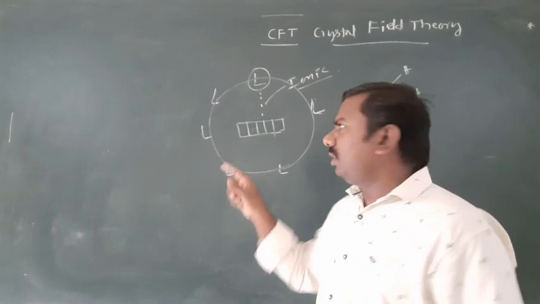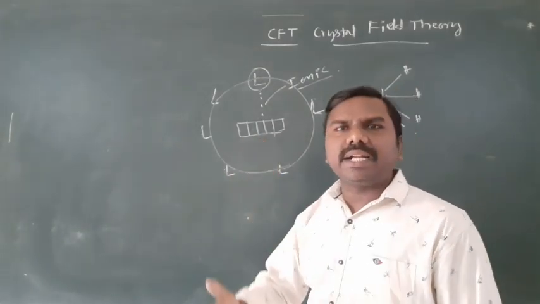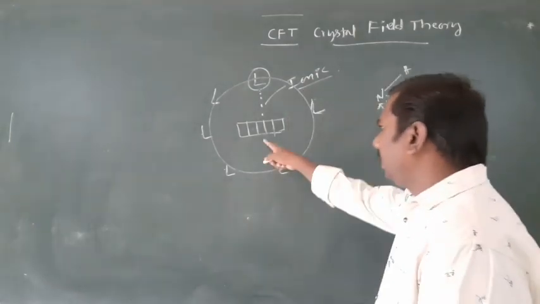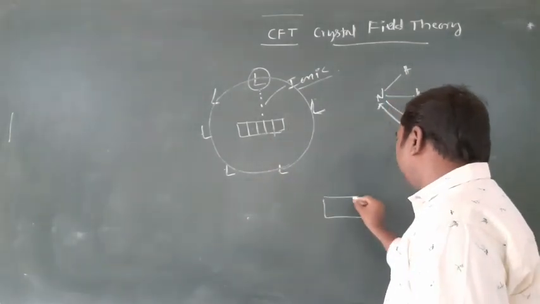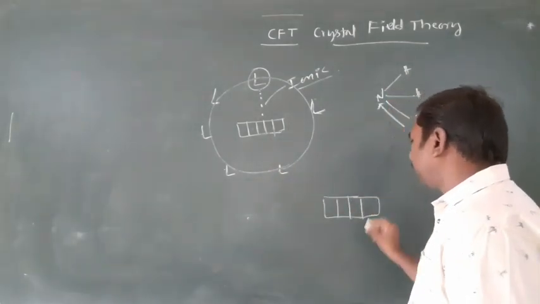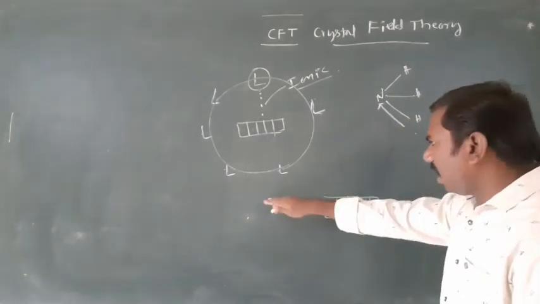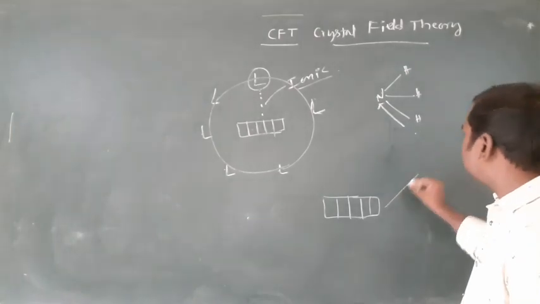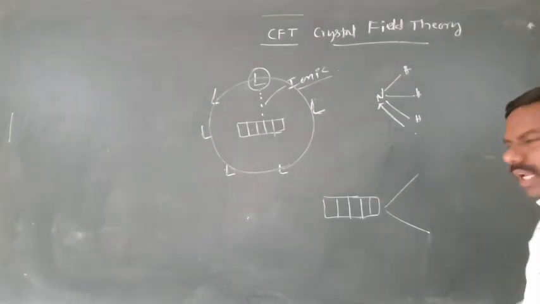It means these d orbitals will be split up into two levels. When ligands approach the central metal d orbitals, these will be split up into two levels.